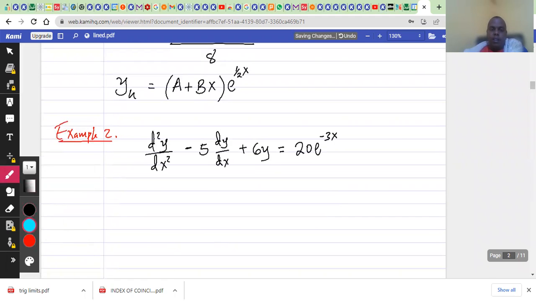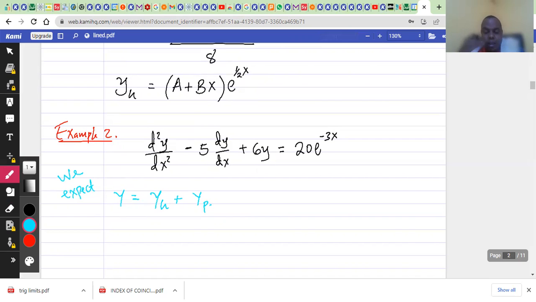This is the non-homogeneous case. So what do we expect? We expect our solution to be y equals the homogeneous solution, YH, plus the particular solution, YP. A combination of these two is going to become our solution to this ODE.